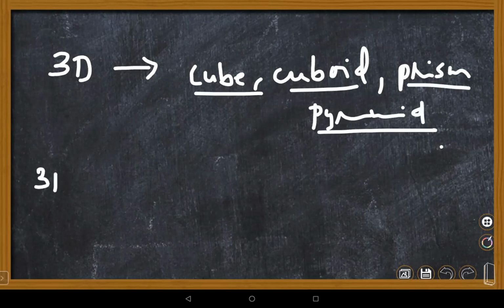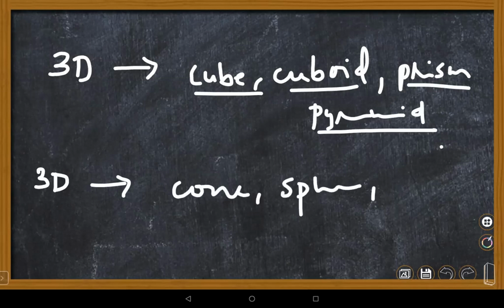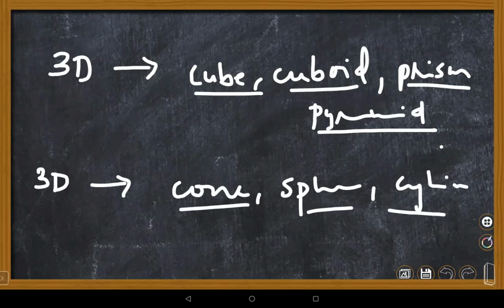Suppose 3D figures you take like a cone, sphere, cylinder. What are the faces, children? Is it polygons? No, non-polygon surfaces. Such figures we can call non-tetrahedrons. These are non-tetrahedrons; these are tetrahedrons.